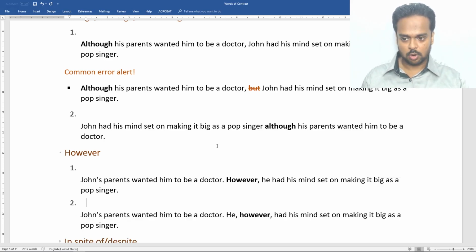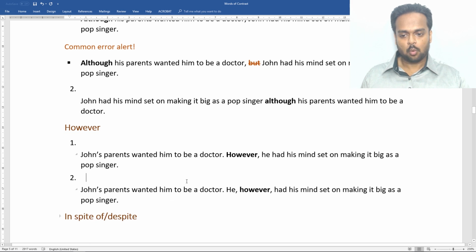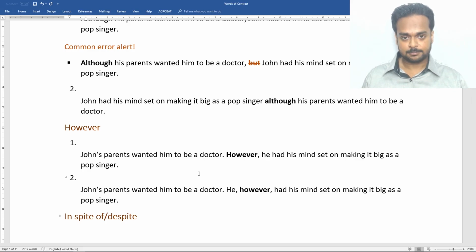So here's how I wrote it. John's parents wanted him to be a doctor. He, however, had his mindset on making it big as a pop singer. I really like this placement of however because it nicely highlights the contrast between what John's parents want and what he wants. So I really like writing it this way.